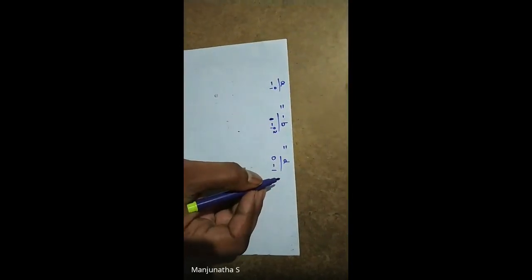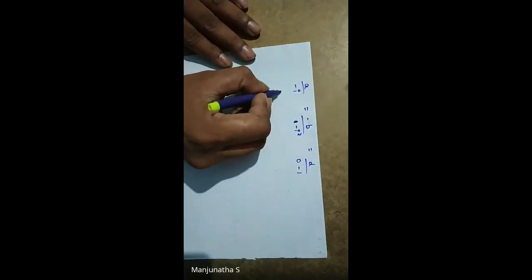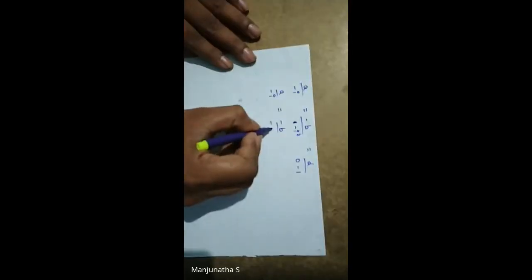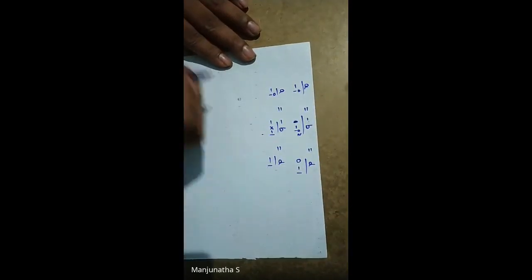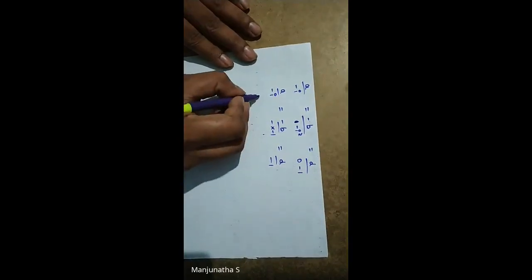Okay. So what did we get? A divided by minus i. A divided by minus i is equal to minus B divided by minus i square, which is nothing but minus 1, is equal to D divided by minus 1. So minus into minus is plus.